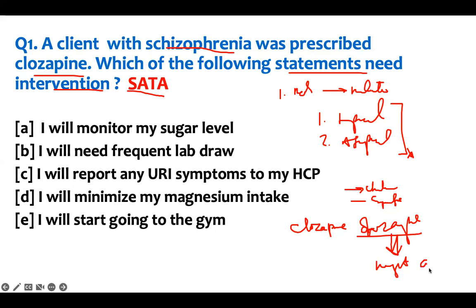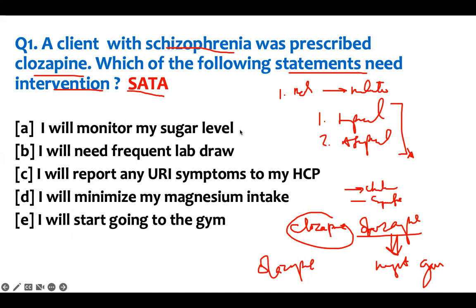So if they're going to ask you a question about olanzapine, it will be about weight gain. Clozapine stuff is what I've indicated, but both of them are atypical antipsychotics. So you have to know certain things about this medication, and I've given the key facts about it.